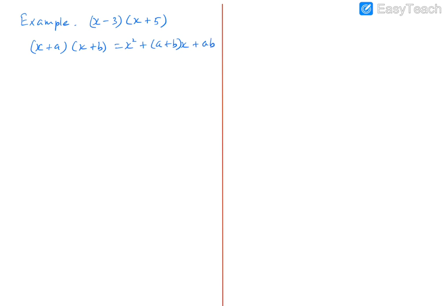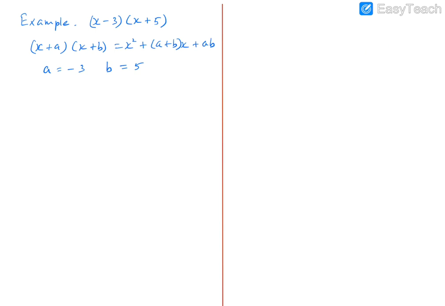And what we notice is that if we compare the given expression with the identity, we see that a is equal to minus 3. So it's x plus a, so x plus minus 3, we have x minus 3, and the value of b is 5. So we just need to substitute these values of a and b on the right hand side of the algebraic identity, and we'll be able to solve this.